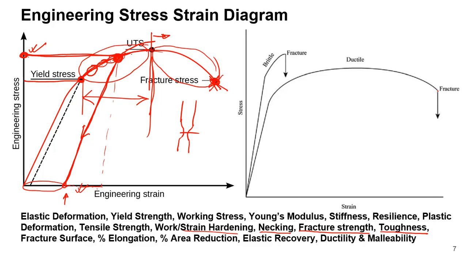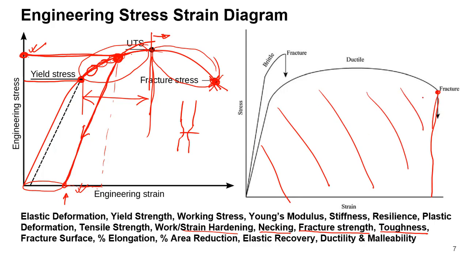Up to fracture, the total amount of energy that is absorbed is measured in toughness. If we consider this area, then what is the unit of toughness? It is measured in joule per meter cube, because the area under the stress strain diagram indicates energy per unit volume, or toughness can also be measured in terms of joule.